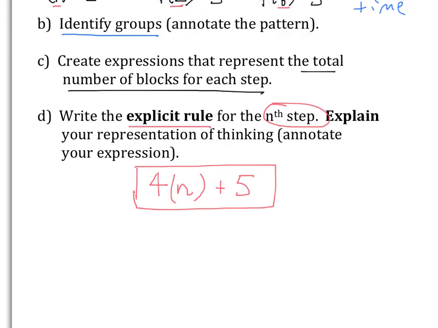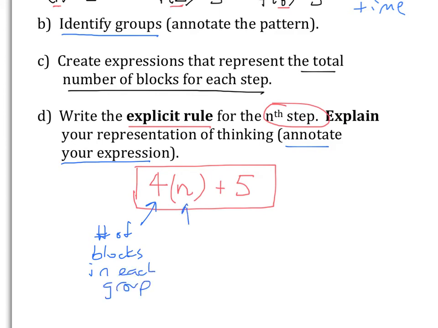Let's not forget to annotate our expression that we just came up with. Certainly the 4, if you looked at our groups, represents the number of blocks in each group. n, the variable, the most important thing to name here, represented, in this case, the way we grouped it, the number of groups.